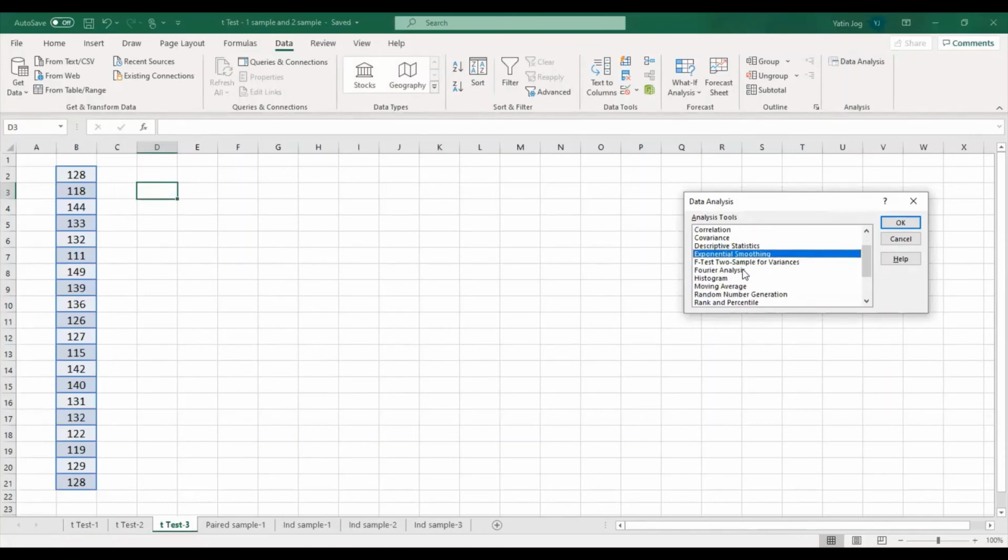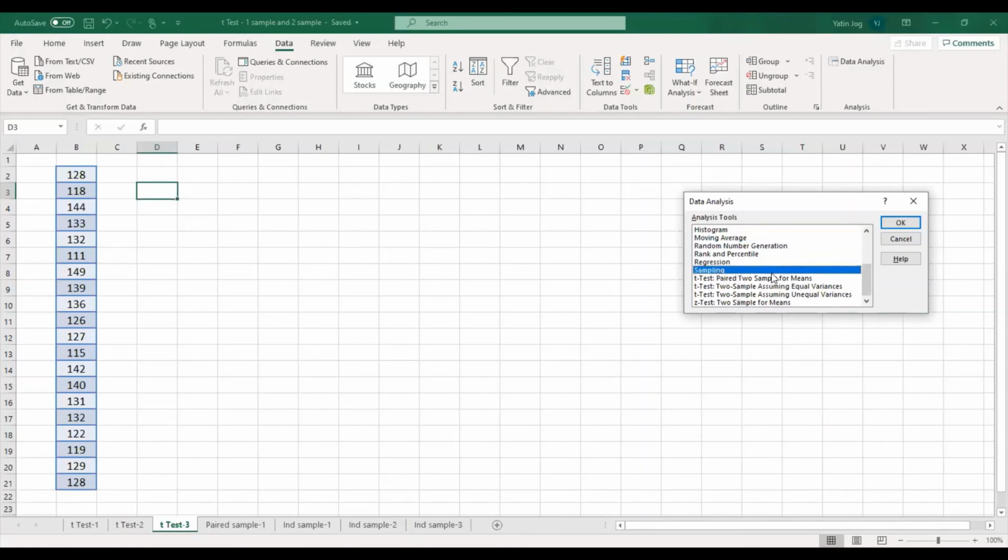Exponential smoothing and Fourier analysis are mathematics based models where sine and cos come into the picture, so we are not going to cover that. Histogram, yes, we have covered. A random number generator, RNG, is a simple function which generates unbiased random numbers. Moving average is a very simple concept which doesn't need any explanation. Regression we have finished.